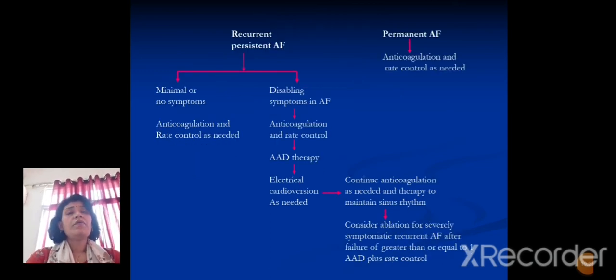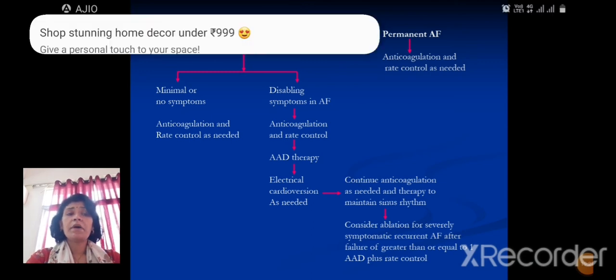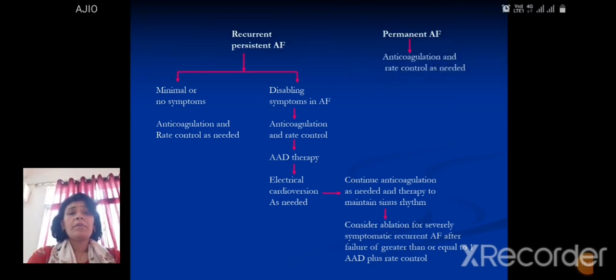If there is an episode of recurrent or persistent AF, then patients are divided into those with minimal or no symptoms. So in these patients, if and when indicated, only anticoagulation and rate control are started.